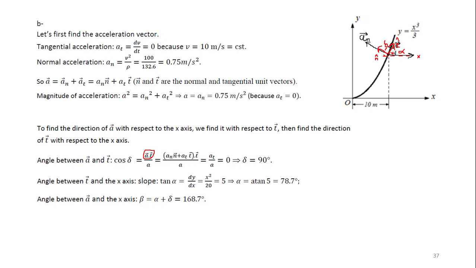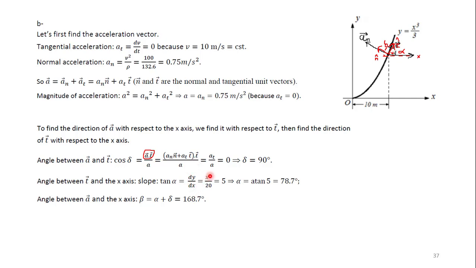So the angle between tau and the x-axis is alpha, the tangent of alpha is equal to dy over dx. Okay, this is a rule in math, and this is the slope, in fact, of the curve at a certain point. Okay, tangent alpha is equal to dy over dx, and this has been found in the previous slide.